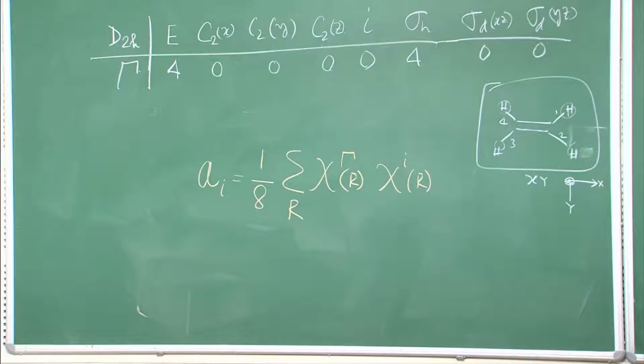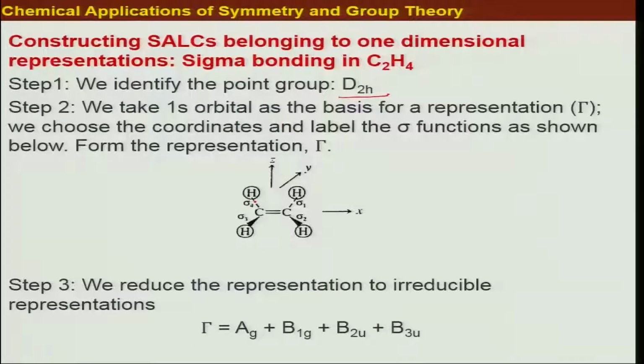If you solve using this equation for a_i, you will find gamma equals Ag plus B1g plus B2u plus B3u, where Ag, B1g, B2u and B3u are the irreducible representations belonging to the point group D2h.